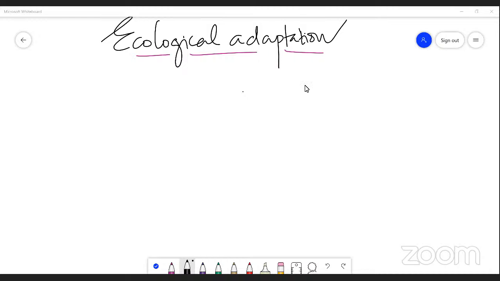Today we are going to discuss ecological adaptation. What is ecological adaptation? An organism modifies its character, its structure according to the environmental condition.